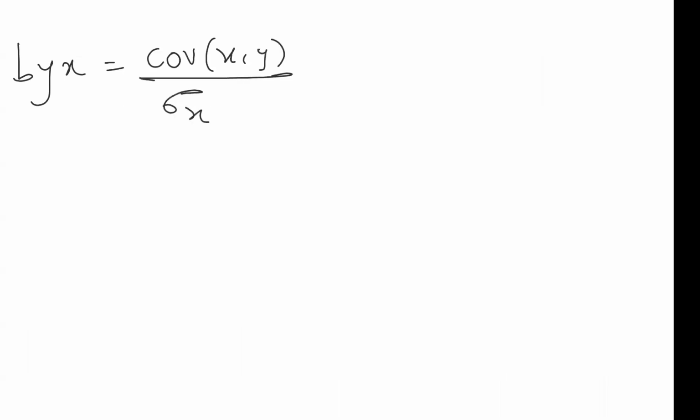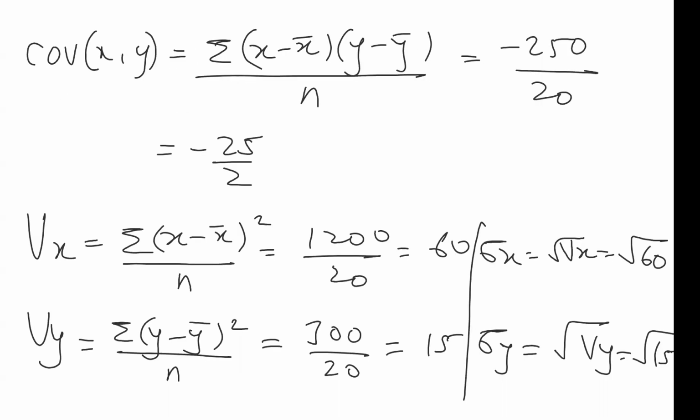Just a second. Yeah, byx is equal to covariance of xy divided by standard deviation of x square. Covariance is equal to minus 25 upon 2 divided by standard deviation of x square. The standard deviation of x is equal to root 60, so standard deviation of x square will be 60. Root will get eliminated.